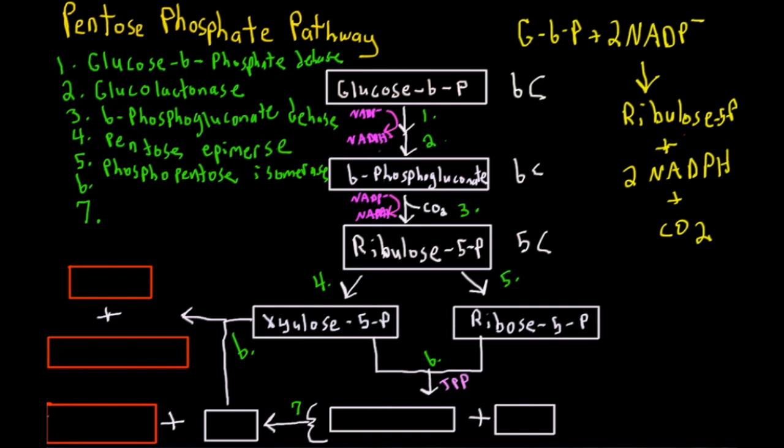So what we can do then is if we have two ribuloses, we can combine xylulose and ribose together with the help of TPP, and we can get a 7-carbon molecule, a sedoheptulose. Since there's 10 carbons total here, we'll have 3 carbons left over, so we just get a generic C3 here.